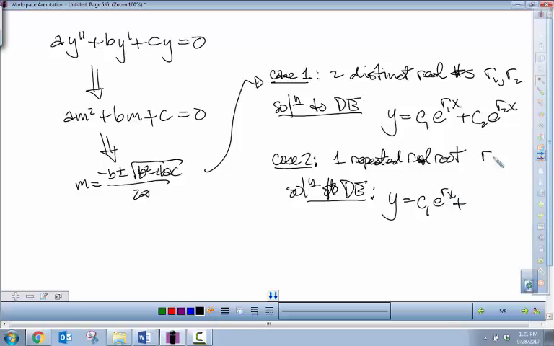Now the second one, we did this as an example of doing the reduction of order, and then we ended up with another function, and the other function happens to be x times e to the Rx. So we did that work last time, and now we have two linearly independent solutions, and then this is our case.